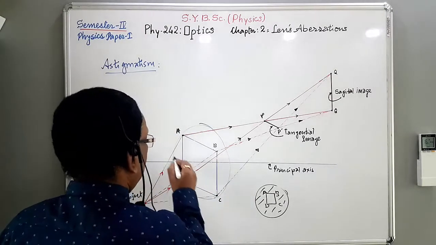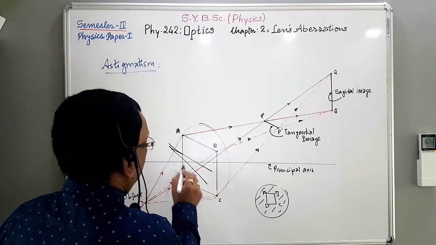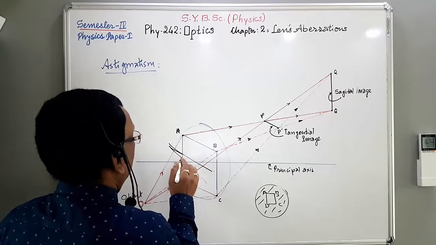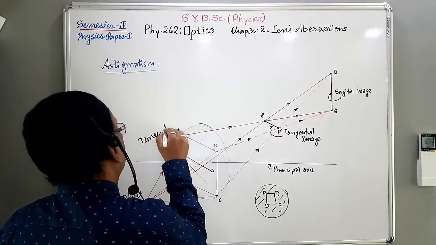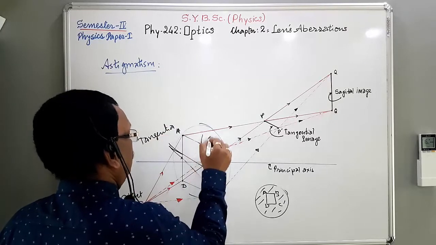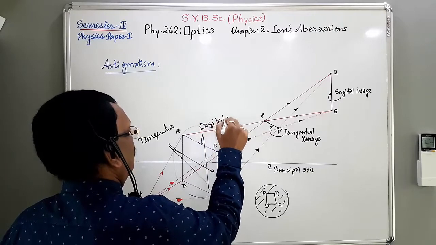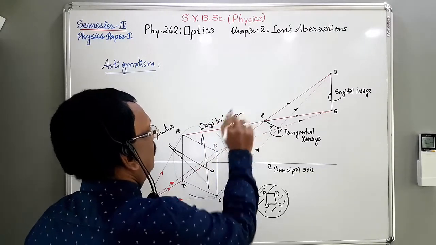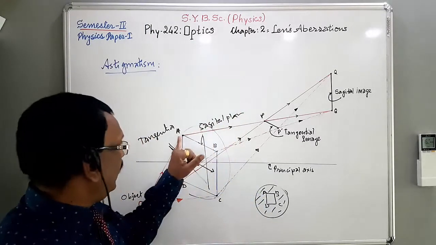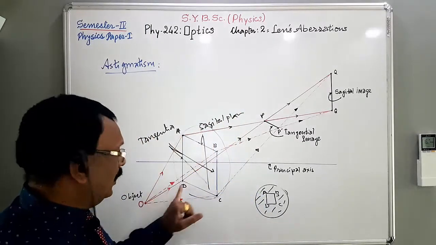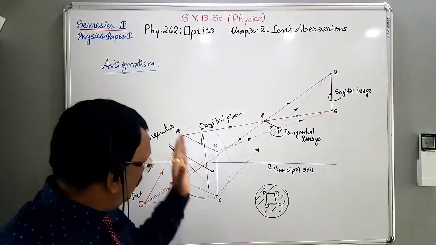This is the tangential plane, this one and this one, and this one is the sagittal plane.